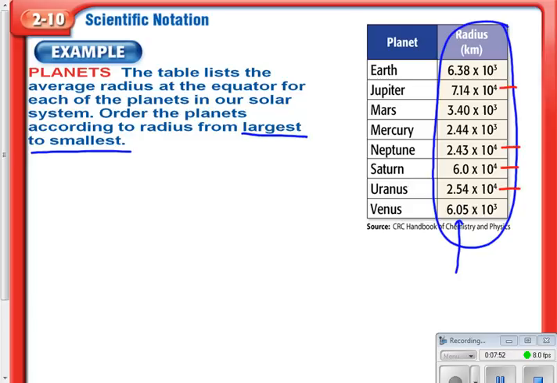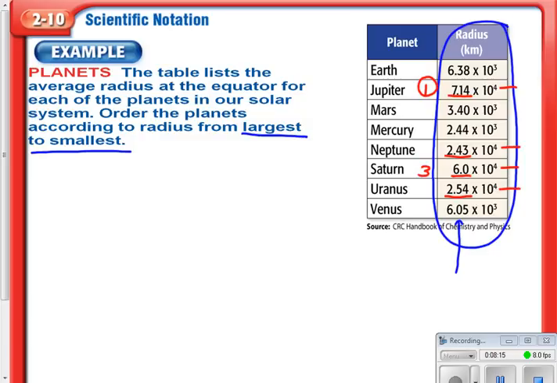So what we need to do is go ahead and determine out of those powers of 10 which one is the largest. Well, here we go. This is 2.54. This is 6.2.43. 7.14. 7.14 trumps all the other ones. So this would be first in order. Look at the next 3 that we have.